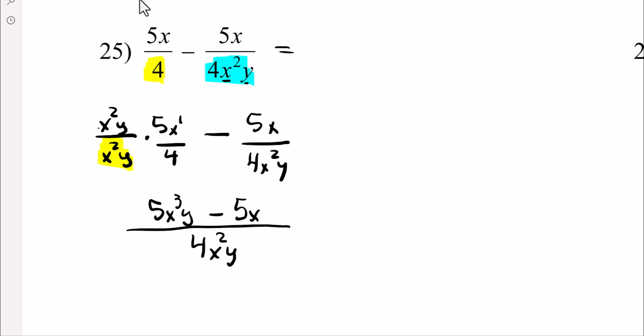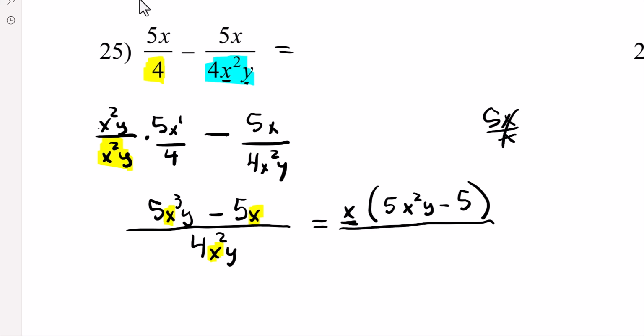Now, I do notice one thing. All three terms have at least one x. So if we factor out an x here, that will leave 3 subtract 1, that will leave x squared times y. 5x divided by x just leaves that 5, because we factored out the x right there.